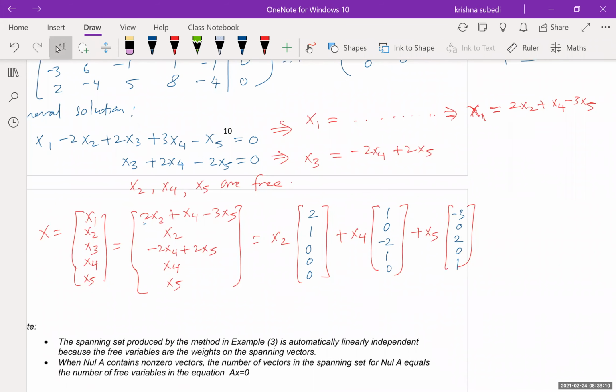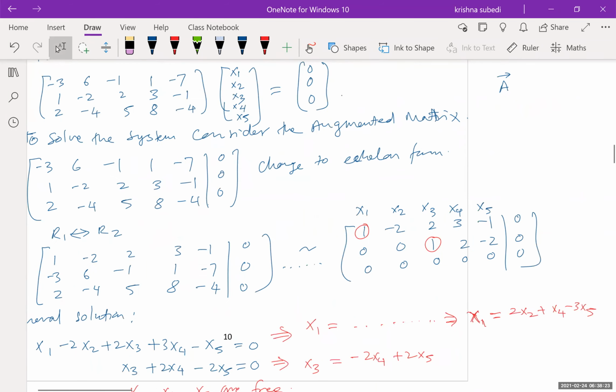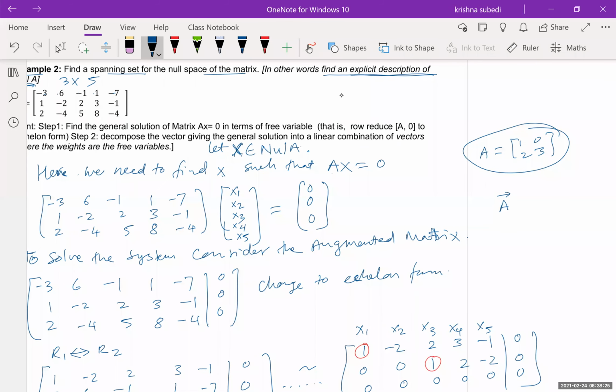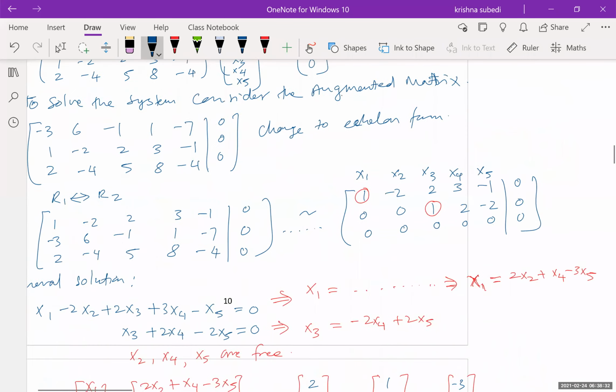Now, what we are supposed to do here is, let me go back to the question. Find the explicit description of Null A, or find the spanning set for the null space.